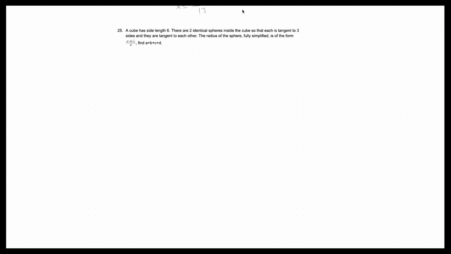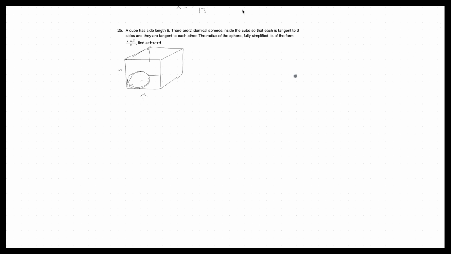So basically you have a cube, right? Okay, that's your cube. And then you have a sphere over here that's tangent to this side, and the one over here.